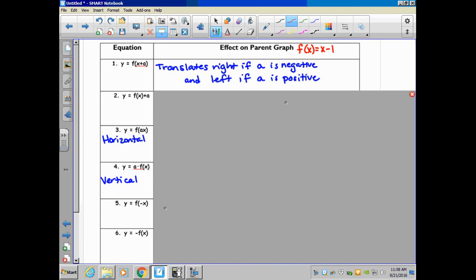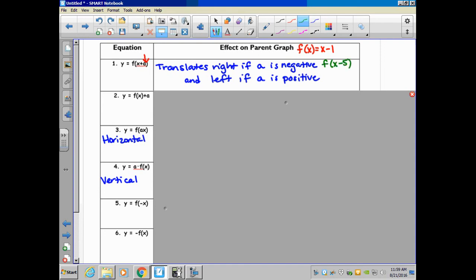If I want to translate this function to the right, that is only when a is negative. So if you take a look at a, there's a right there. Okay, so we're saying if I want to, let's say, take the function, let's make a negative, so I'm going to say negative 5.